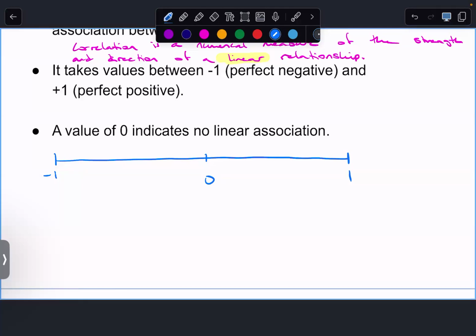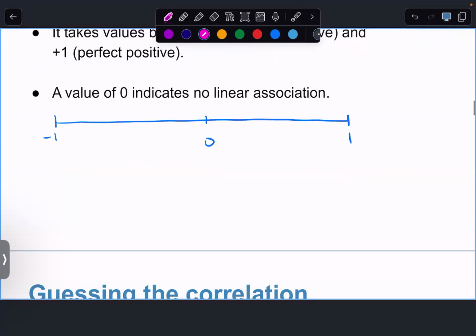Let's talk about what a perfectly negative linear relationship looks like. Well, we said that if I have my line here, a perfect relationship means that every point is exactly on that line. That's not going to be the case, right? You're going to have maybe something that looks like this.